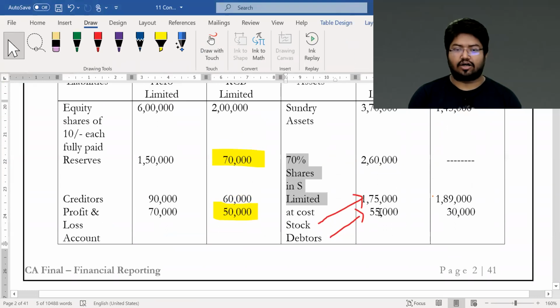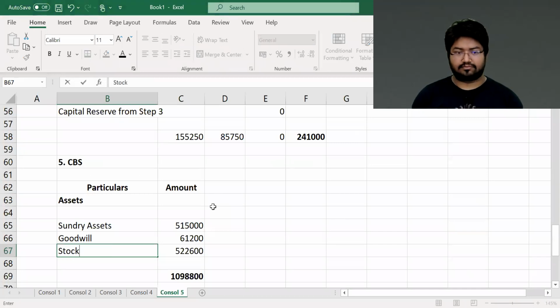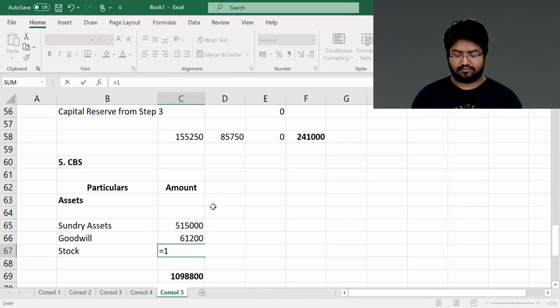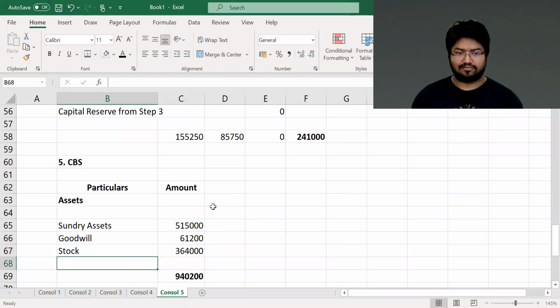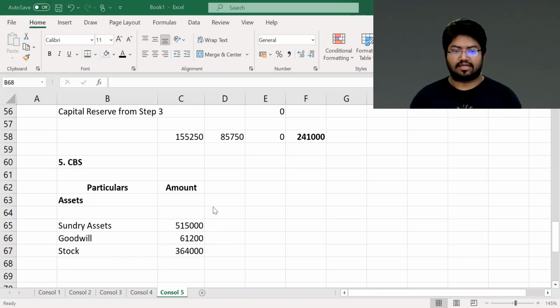So you can take all of those individually. Stock, it is 1,75,000 plus 1,89,000. Then you have debtors 55,000 plus 30,000.